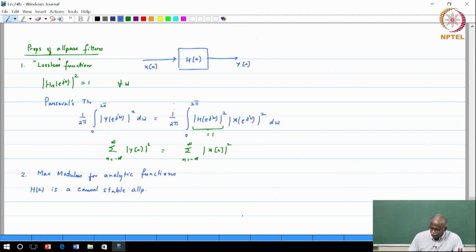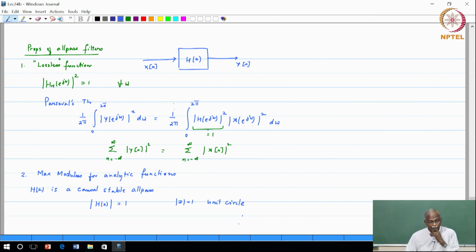Then one thing we know is that mod h of z is equal to 1 on the unit circle. This is the unit circle.